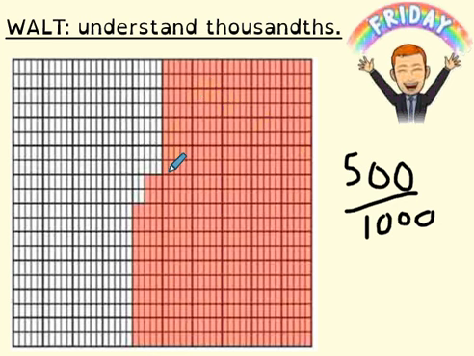So I've got 1 full square, 2 full squares, 3 full squares, 4 full squares, 5 full squares. We said there's 10 thousandths in 1 square, so in 5 squares I've got 50 thousandths, because I've got 5 lots of 10 thousandths.